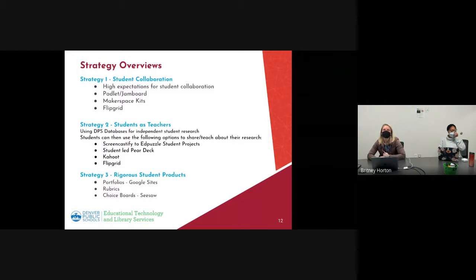Strategy 2, students as the teacher, so using different DPS databases, using Screencastify, Edpuzzle, Pear Deck, Kahoot, Flipgrid. And then strategy 3, we're looking at rigorous student products, like student portfolios using Google Sites, different rubrics, choice boards, and Seesaw. So these are the 3 strategies that you guys can choose from today.